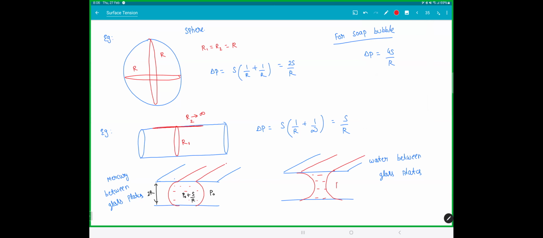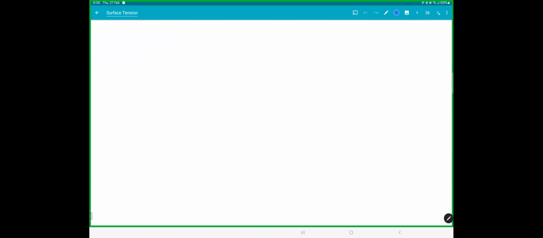So here, if the pressure is P naught, so this is a concave side. And here, the pressure would be P naught minus S by R. Is this making sense, everyone? Are you able to visualize this picture, how it looks, the water between the plates?